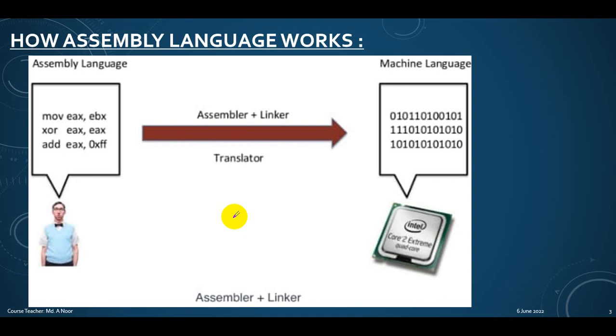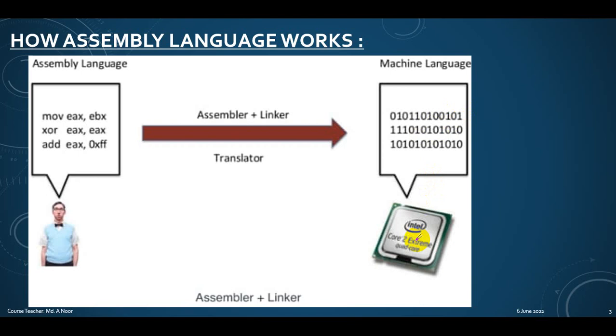Finally, we use a software called a linker to link all the smaller parts together and we get the final binary or exe file. So after you assemble, you need to use the linker to get the exe file. The linker will combine all the smaller parts as a whole, and finally you get a program that is purely in binary.